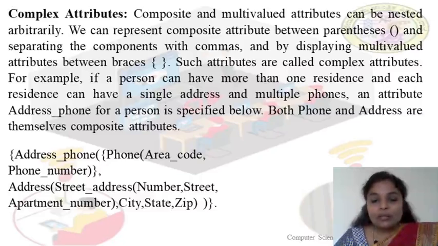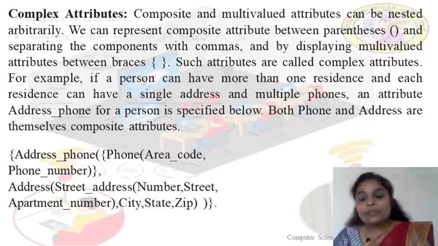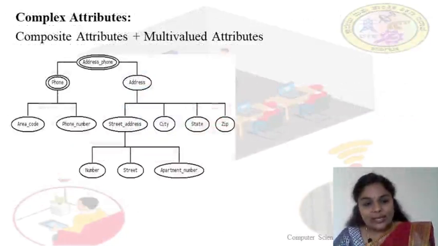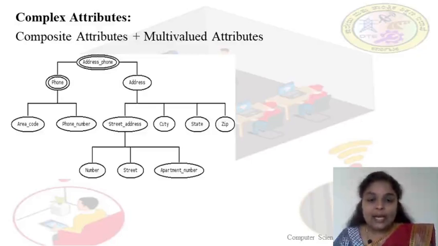And they are telling both phone and address themselves are composite attributes. As I said in this previous example, they have given you a complex example. The first field, address phone, is a complex attribute, and the next fields, phone and address, are also complex attributes. Why?